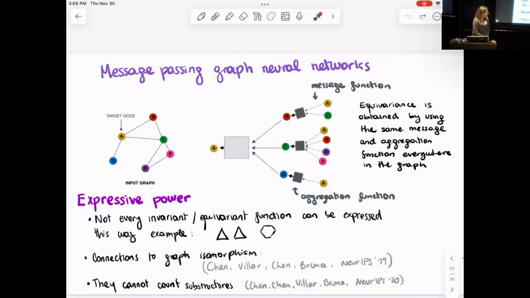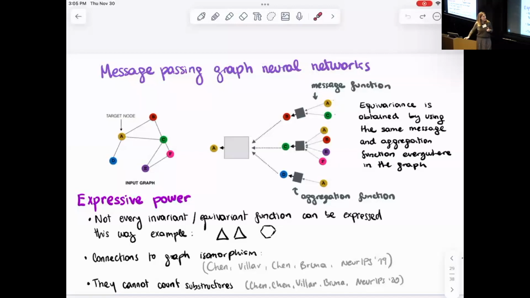Okay, so finally, I'm going to talk about graph neural networks, which is related to the things that we were discussing before. Graph neural networks are defined to parameterize functions on graphs. And so the idea is that if I have a graph, the simplest way that one can parameterize invariant or equivariant functions on graphs is by just looking at the local neighborhoods of each node.